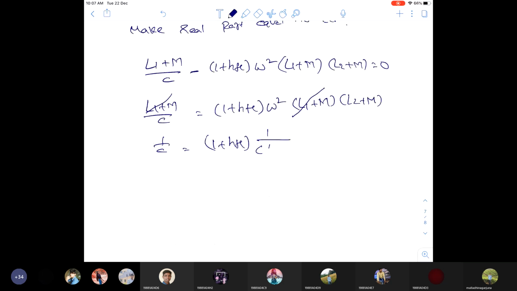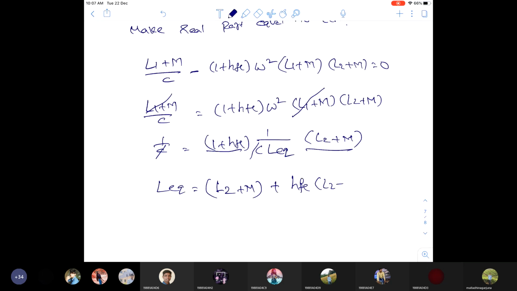So substitute here, and C cancels. So L equivalent equal to L2 plus M plus hfe into L2 plus M.